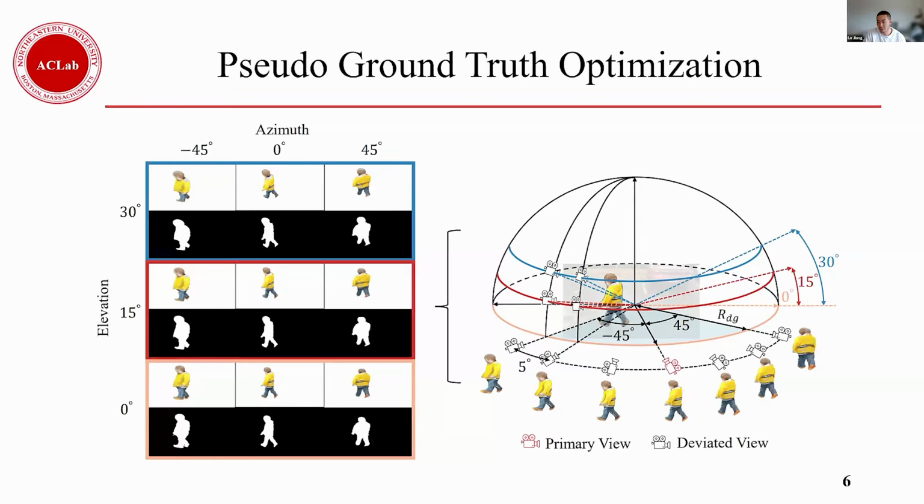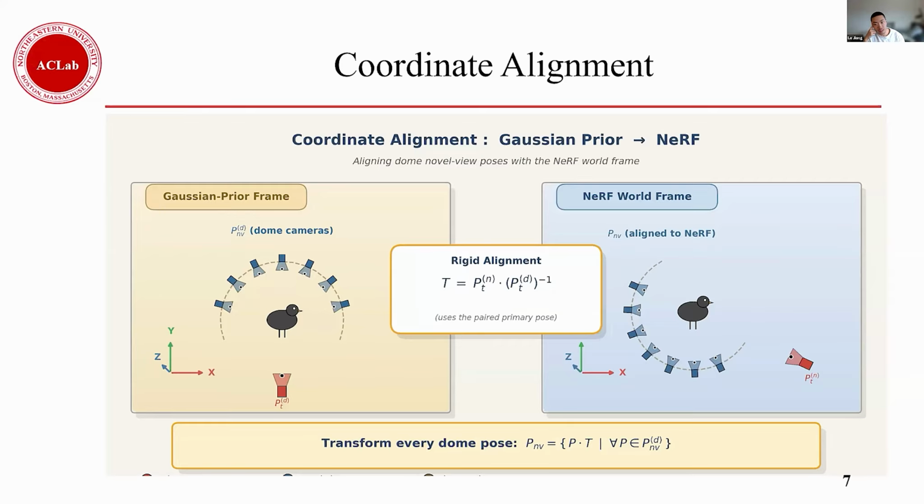And the remaining question is how to fit these dome cameras into the NeRF. The Gaussian prior lives in its own coordinate system, which does not align with the NeRF world frame. So to use the dome cameras as supervision, we first need to compute the rigid alignment matrix T, which equals the primary camera pose in NeRF coordinates times the inverse of the primary camera pose in the Gaussian prior coordinates.